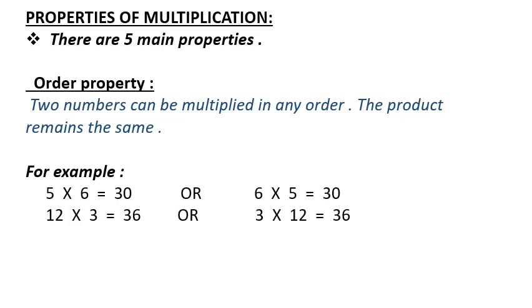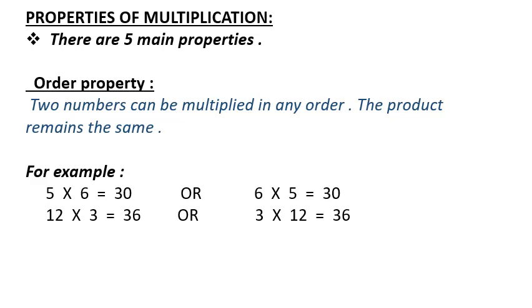First example, here you are multiplying 5 with the 6. So you are doing 5 times 6 so the answer is 30. The same thing if you do 6 multiplied by 5 means 6 times 5 still the answer will remain the same. Now let us understand by one more example. Here you see that 12 you are multiplying by 3, that is 36.